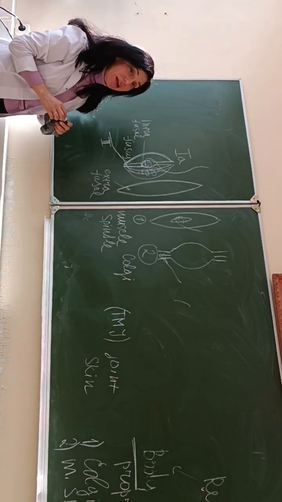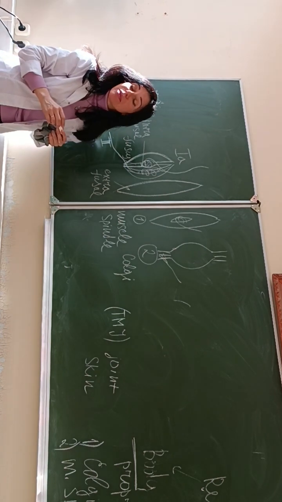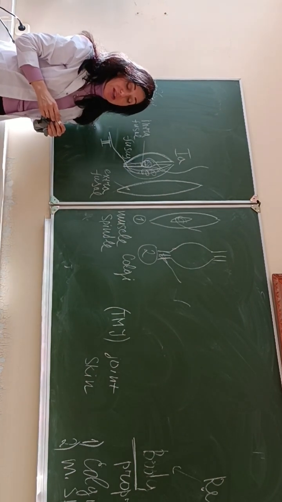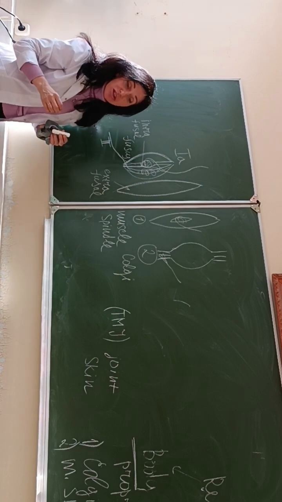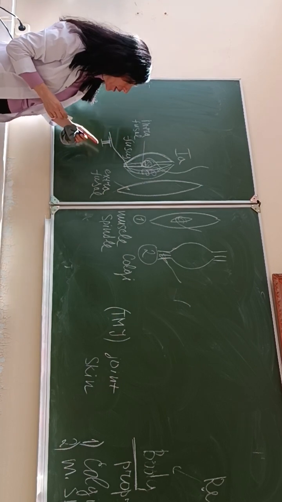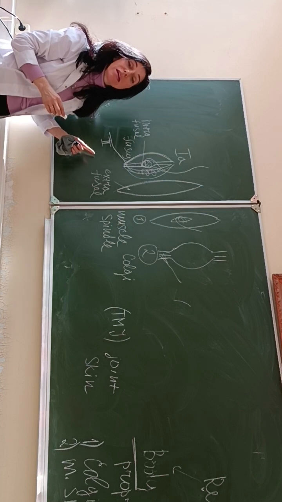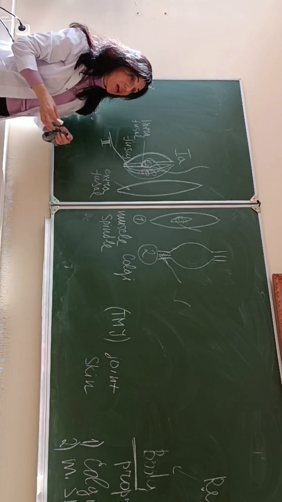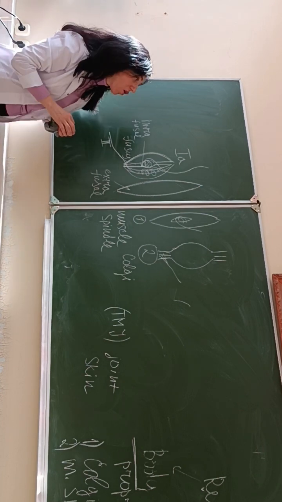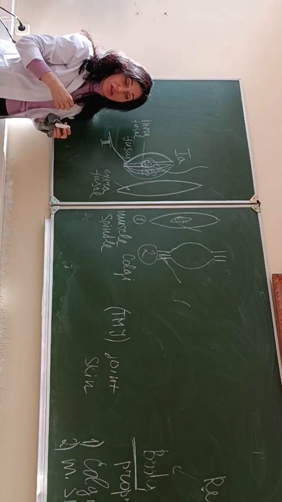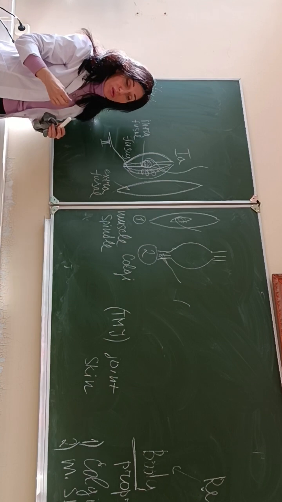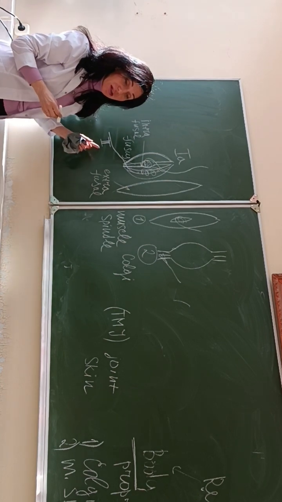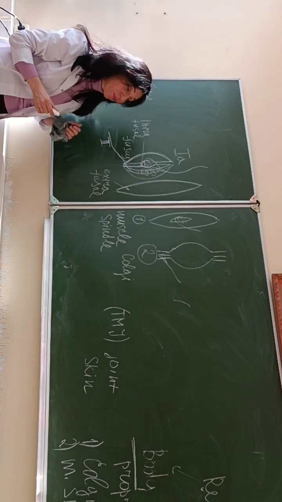But primary A adapts faster, and with long-lasting stretching, firing of primary and secondary becomes equal. At the first moment, only primary A becomes excited, and then with prolonged stretching, secondary responds too.